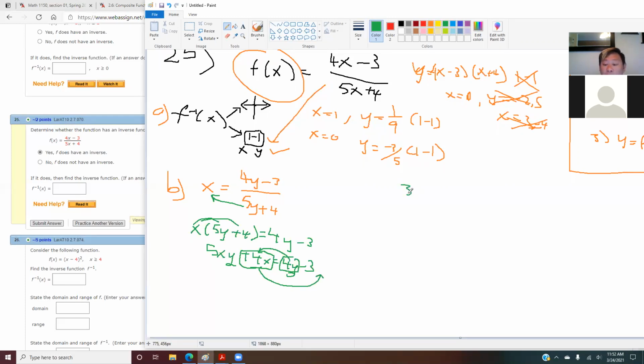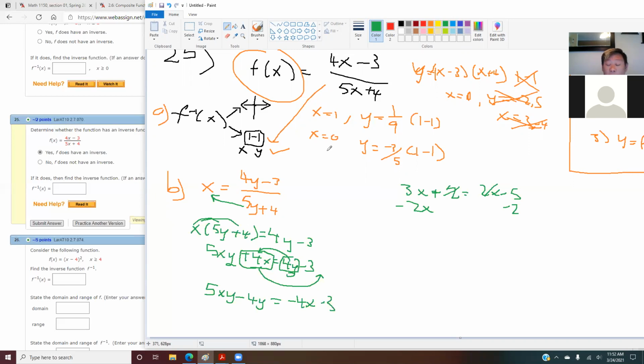It's like solving an equation. When you have 3x plus 2 equals 2x minus 5, you want to move all the x on one side, so that's why you subtract 2x here. And then you want to move all the 2 over there. The same thing here: because you want to solve for y, we want all the y's on one side and all the non-y on the other side. So when you do this, you got 5xy minus 4y equals negative 4x minus 3.